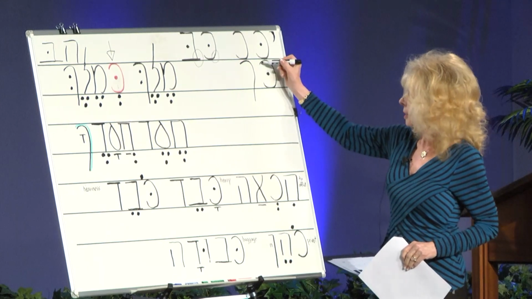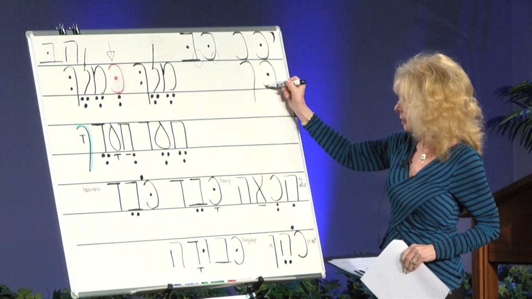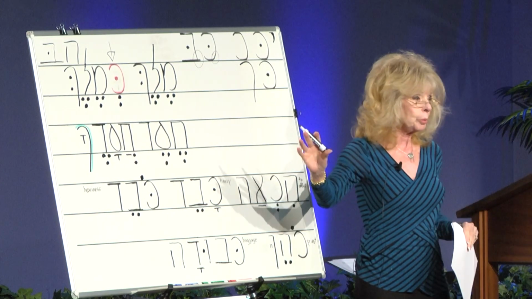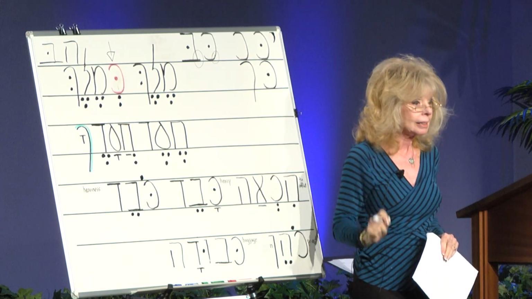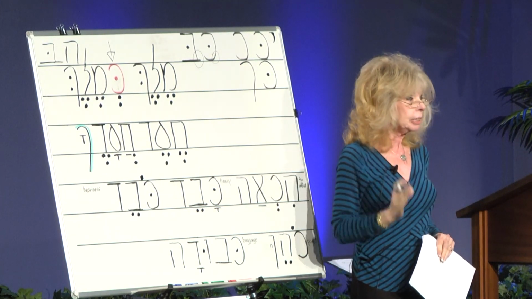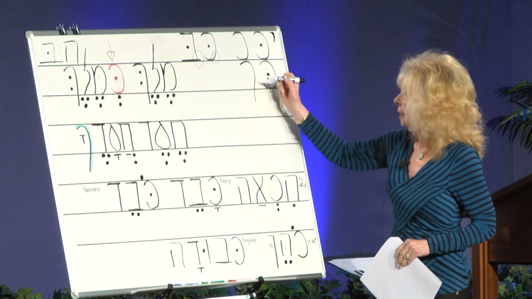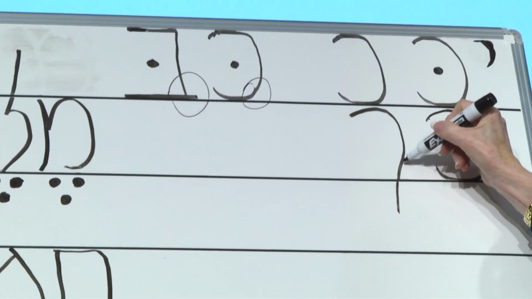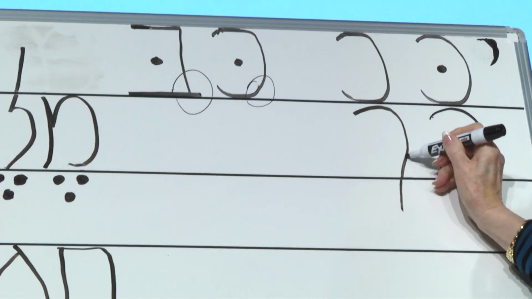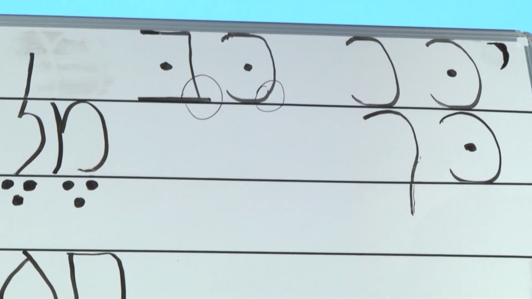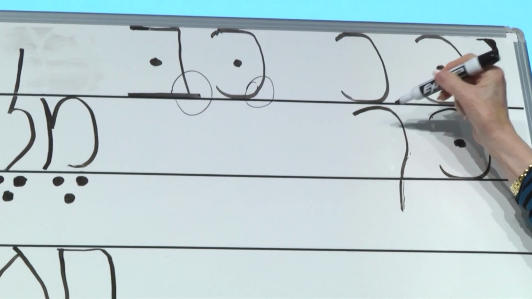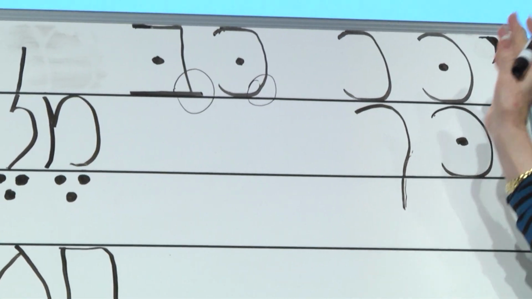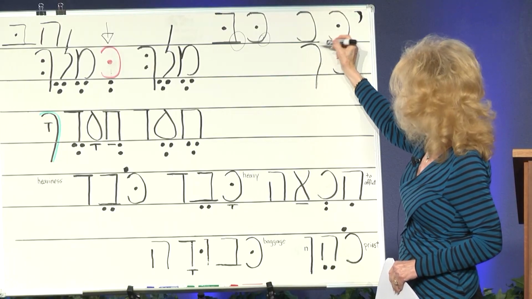So we have this cough that looks kind of like a C, and this one will appear anywhere in the word unless it's the last letter. If it's the very last letter of a word, it's going to take this form. And you just begin to write it like this, but instead of curving up, you just straighten out that bottom part. So this is called the final form, or technically the Sophite form. It doesn't matter. It's the final form.